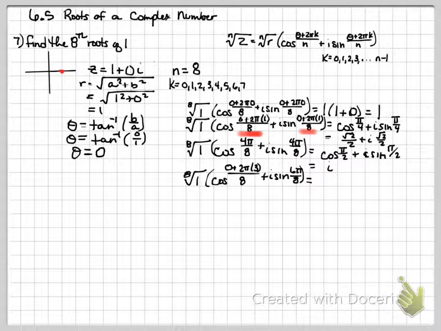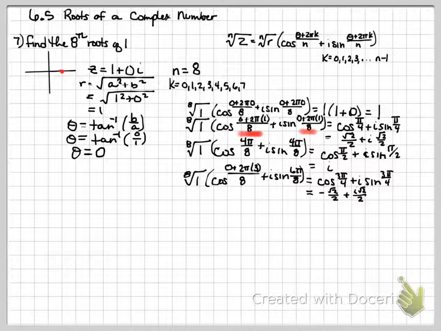Well, let's see. 6 pi over 8 is 3 pi over 4. So the cosine of 3 pi over 4 plus I sine of 3 pi over 4. Cosine of 3 pi over 4 is negative root 2 over 2. Sine of 3 pi over 4 is just root 2 over 2.